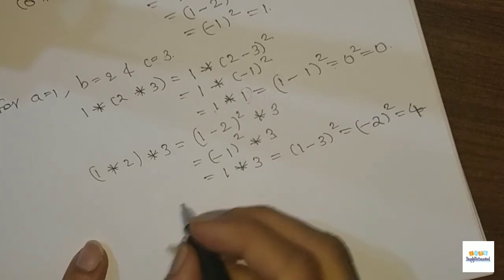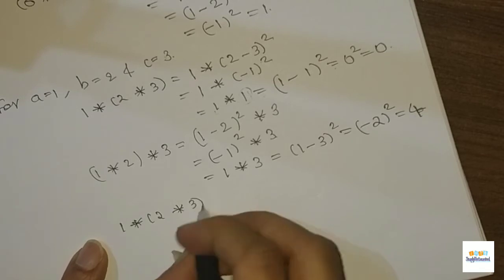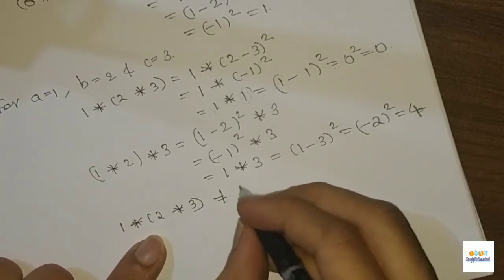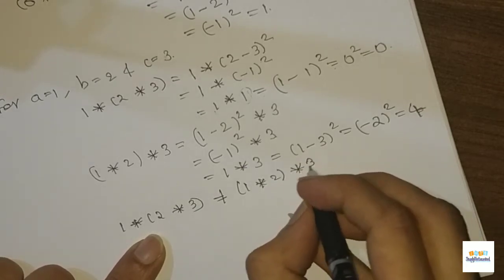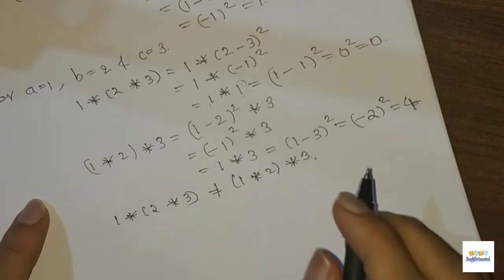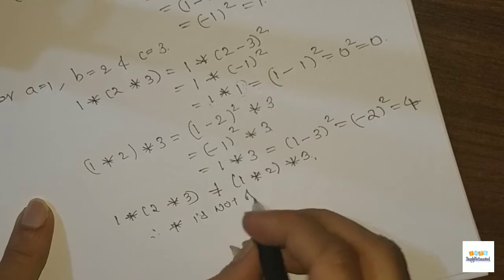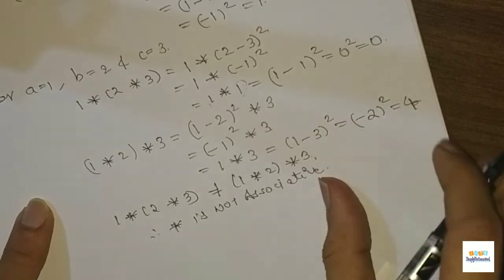So what we get is 1 star bracket 2 star 3 bracket closed is not equal to bracket 1 star 2 bracket closed star 3. So star is not associative.